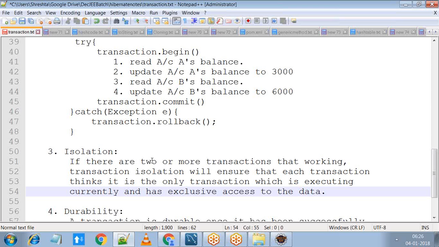Multiple transactions may operate on the same data set here. But when they do, you may have several issues which need to be addressed. So what do people think? What will be the issues if multiple transactions are operating on the same dataset?